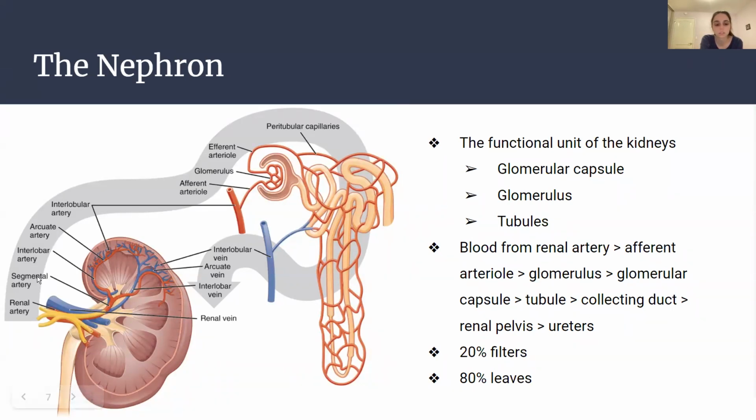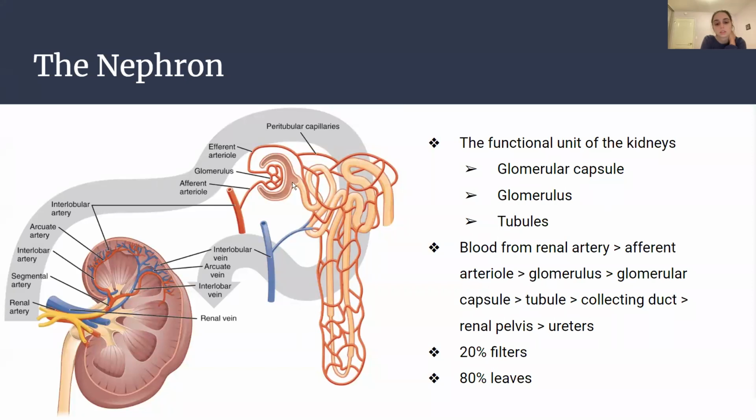You don't need to know these, but just know that it enters the renal artery, and then it goes into the afferent arteriole, and then into the capillaries, the glomerulus. In the glomerulus, about 20% of the blood that travels through gets filtered into the Bowman's capsule, or the glomerular capsule.